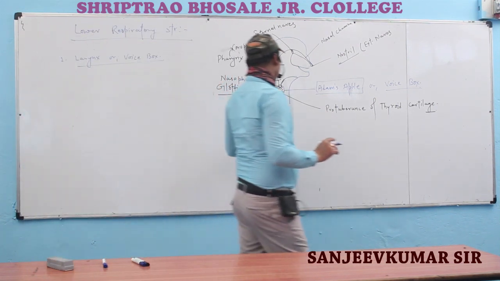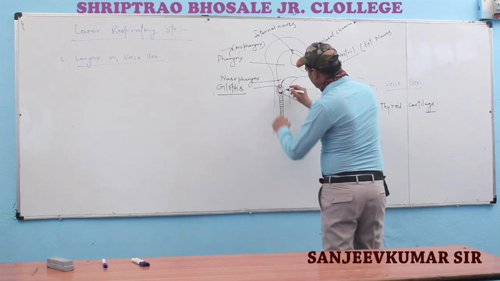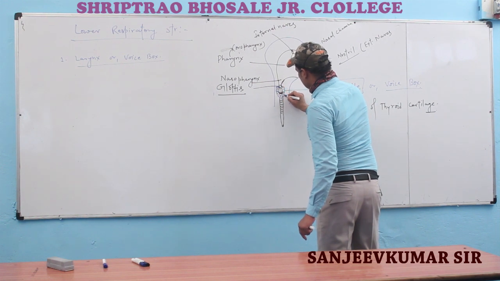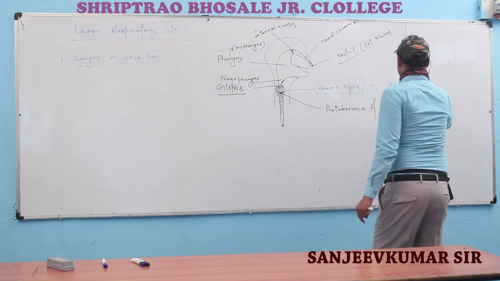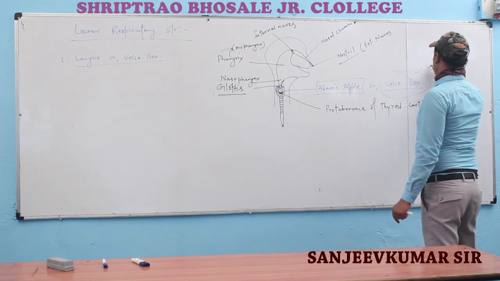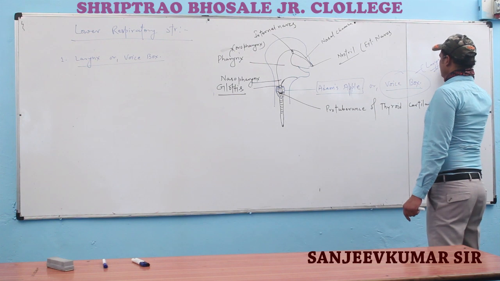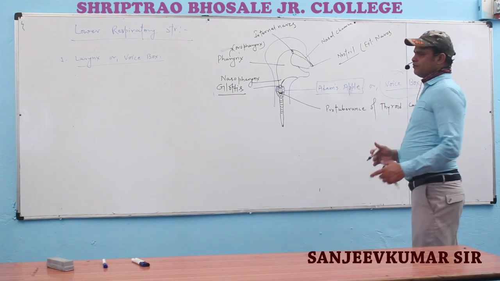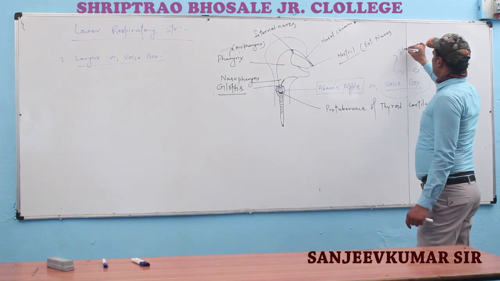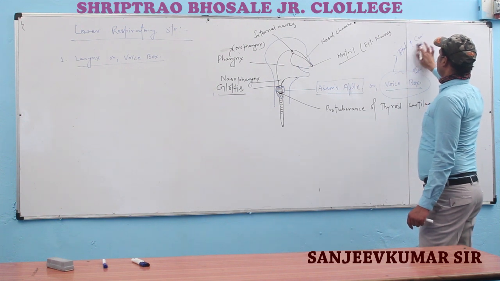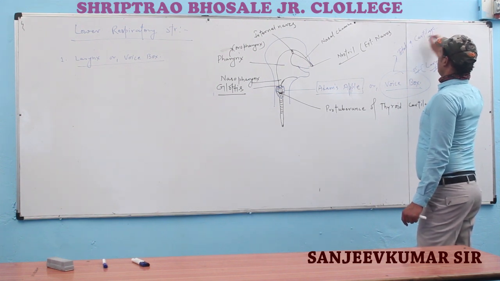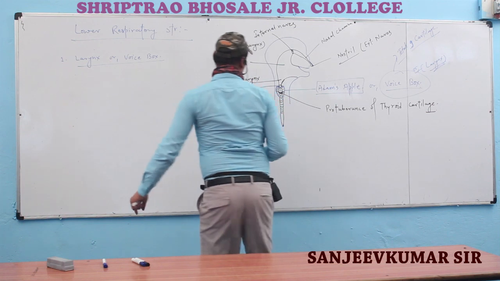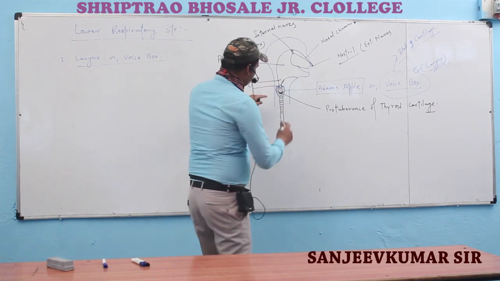This entire structure is called the voice box, or larynx. The larynx, or voice box, having the Adam's apple, consists of a total of 9 cartilages. So how are such cartilages arranged in this structure?